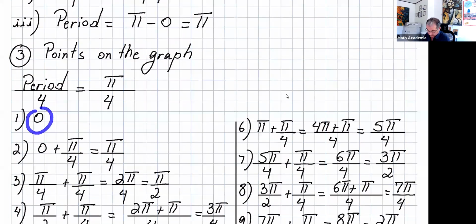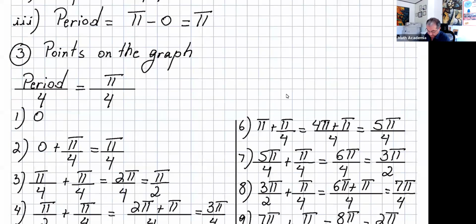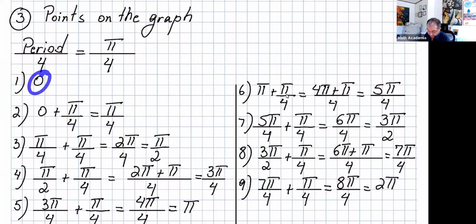That's the first point on the graph for that period. Then you do 0 plus pi over 4, which is pi over 4. That's the second point. Then pi over 4 plus pi over 4. Always you add that number. So that's 2 pi over 4, which is pi over 2.